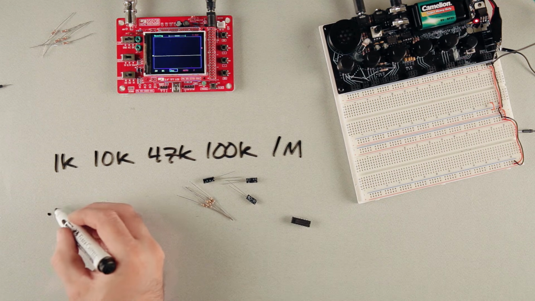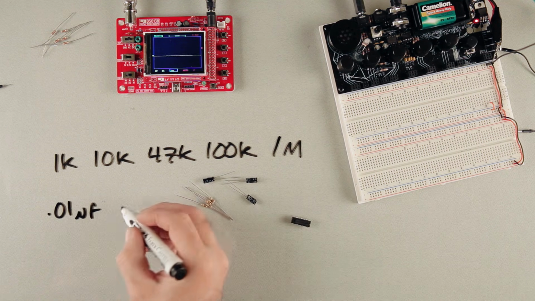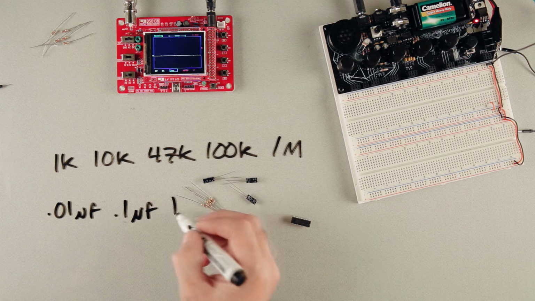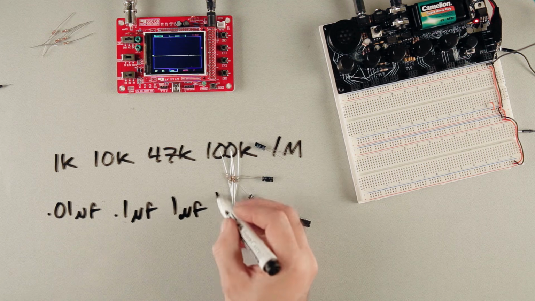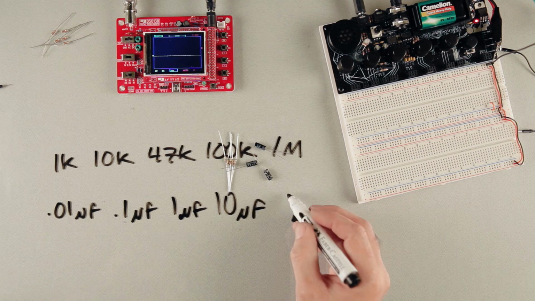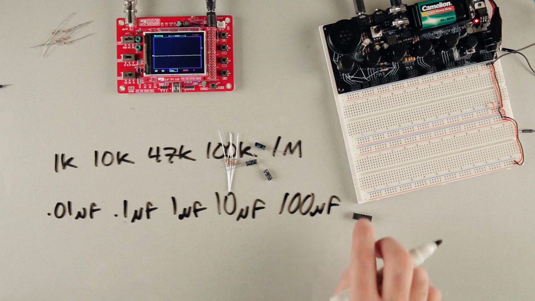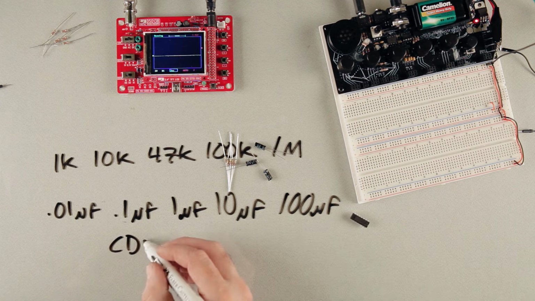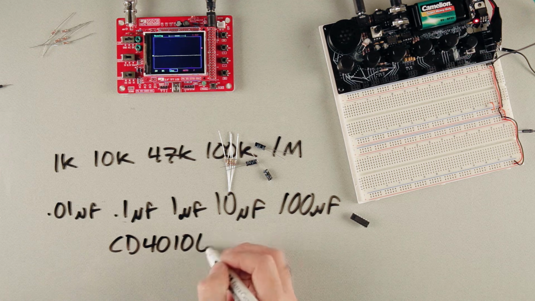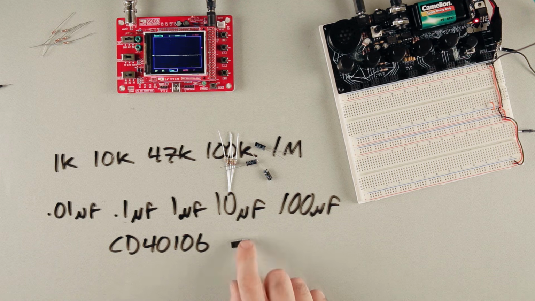And for the capacitors, I'm using 0.01 microfarad, 0.1, 1, 10, and 100. And for this video, the IC we're going to use is the CD4106. This is sort of one of the most common experimenters on integrated circuits.